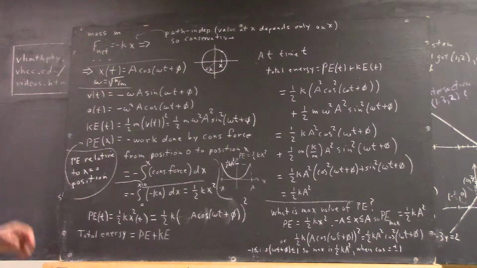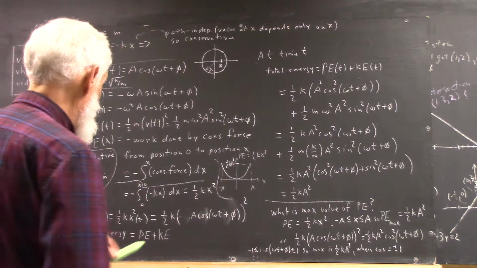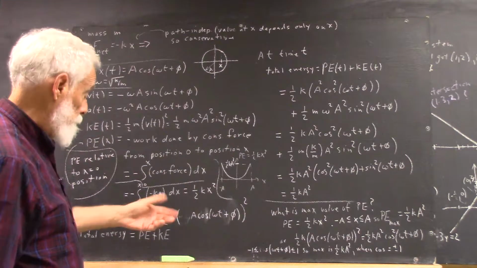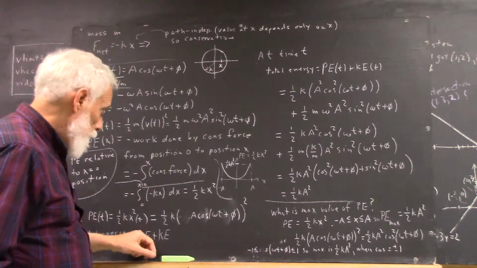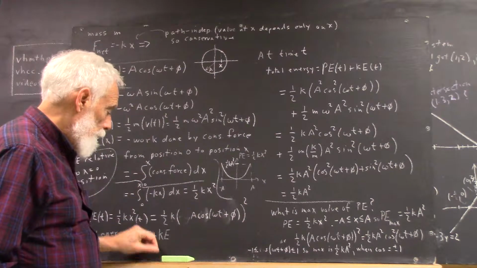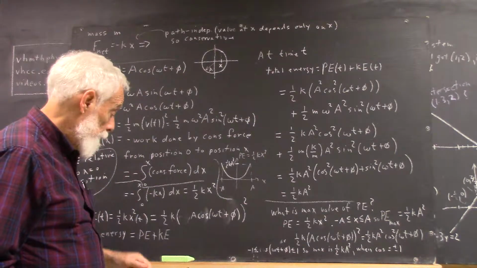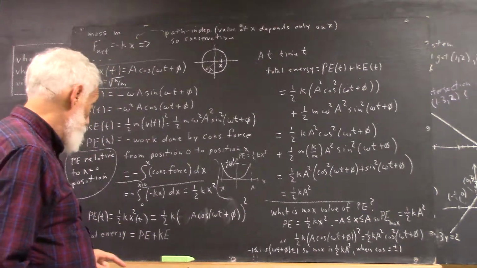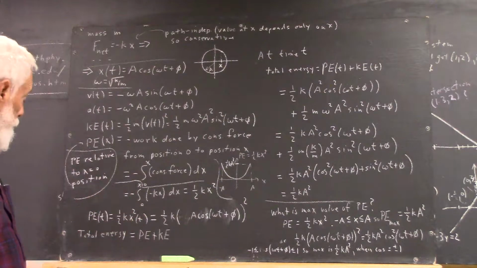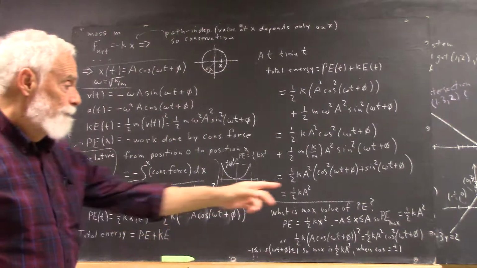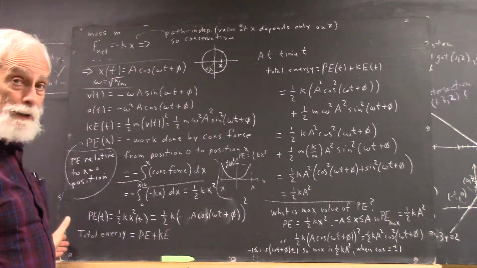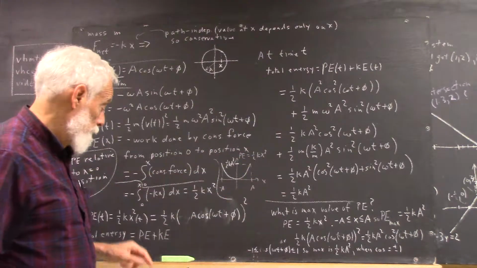Now, what do I mean by conservative force? What am I talking about when I talk about path independence? Well, let me give you an example of something that isn't path independent. Here's a chunk of chalk. I'm going to talk about the frictional force on this chalk. Now my position, let's say my domain is every position from this side of the screen to that side of the screen.